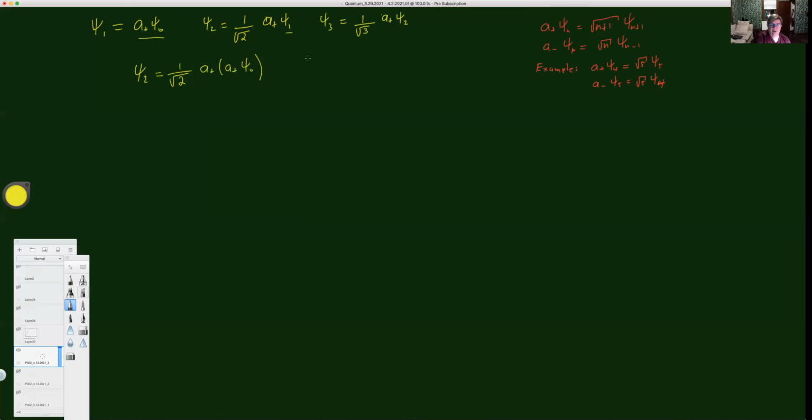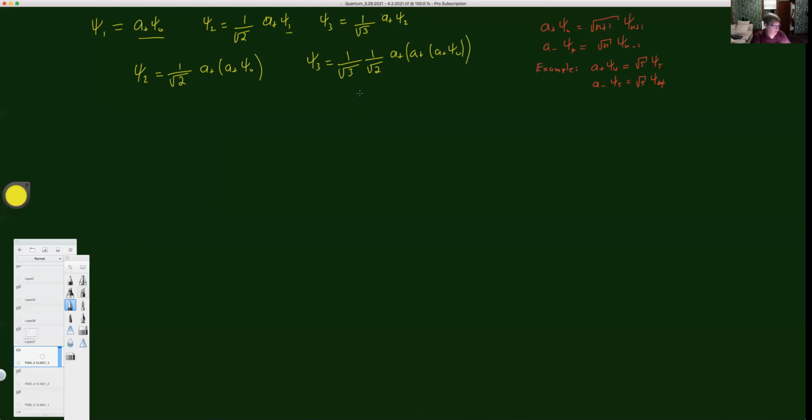And let's write psi 3 for the heck of it. Psi 3 is 1 over the square root of 3, A plus psi 2, which is this. So 1 over the square root of 3, 1 over the square root of 2, A plus acting on A plus psi 0.